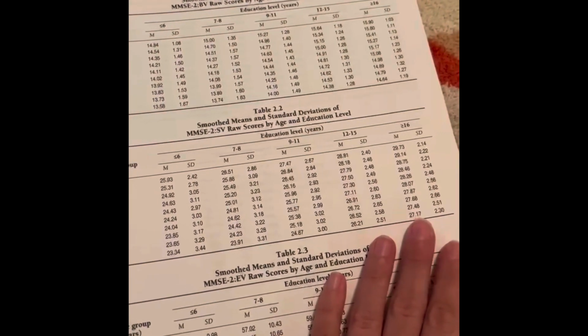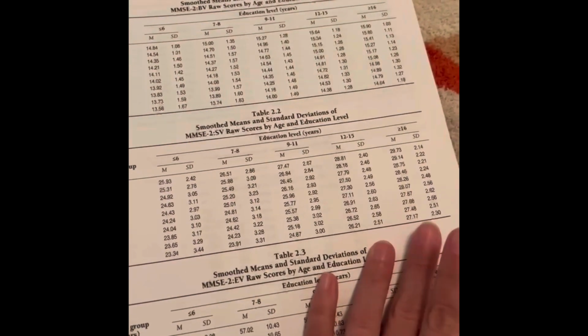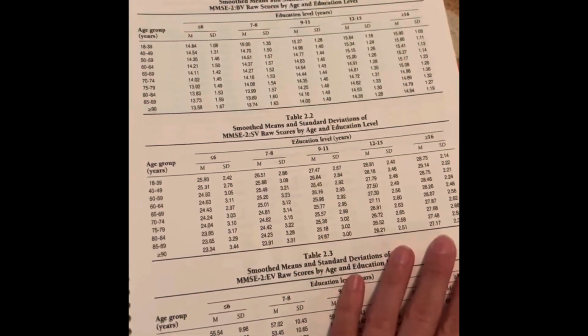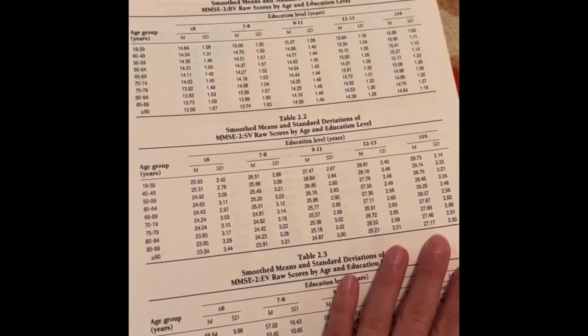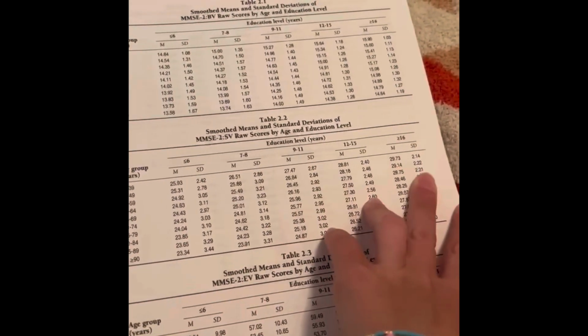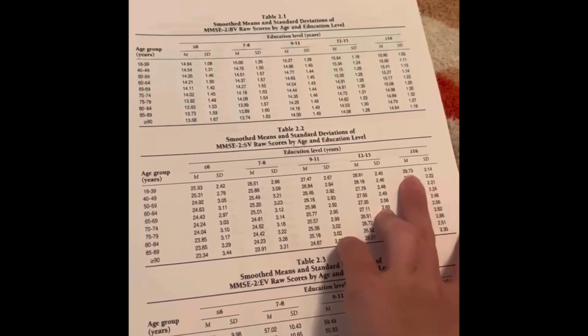So the mean is 29.73 and the standard deviation is 2.14. So Anna Ryan's raw score was 30, so she falls within that range. So there is no cognitive impairment going on.